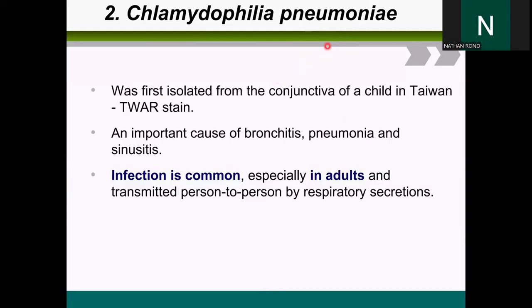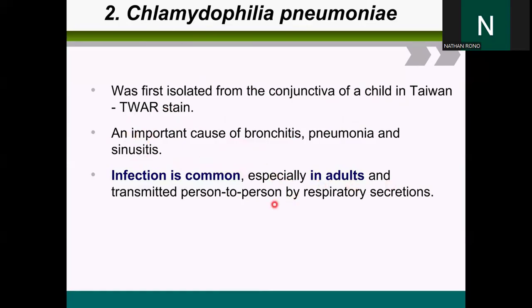Why is it atypical? Because it presents with a dry cough and low-grade fever. It was first isolated from the conjunctiva of a child in Taiwan using the TWAR strain, an important cause of bronchitis, pneumonia, and sinusitis.